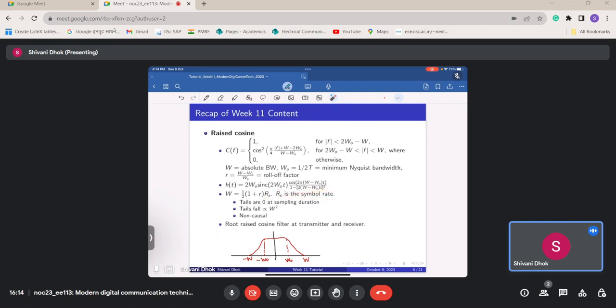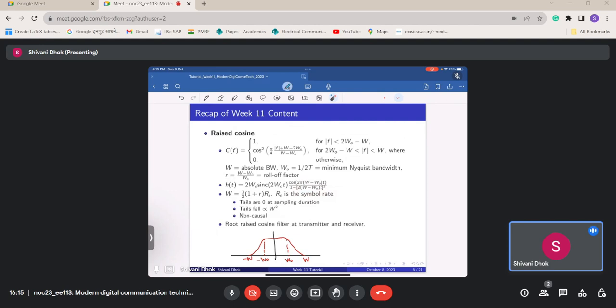We are getting that the tails are 0 at the sampling durations. Why? Because we are getting a multiplication by sinc(2W0t). Another thing is these tails are falling with inverse proportionality to t squared, which can be observed here. But an issue with this filter is it's still a non-causal filter.